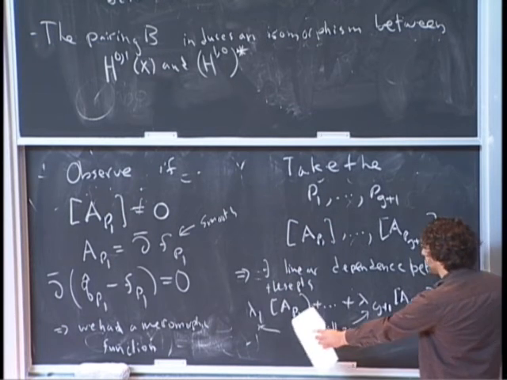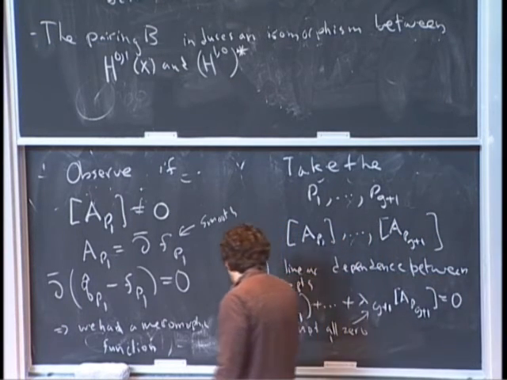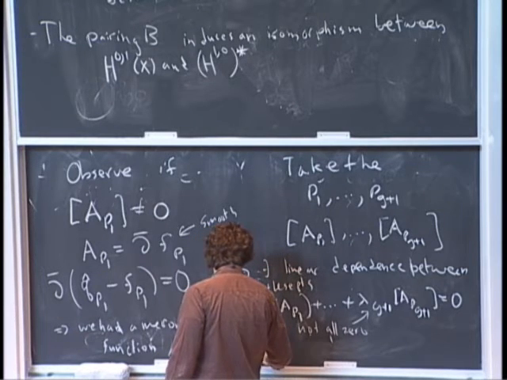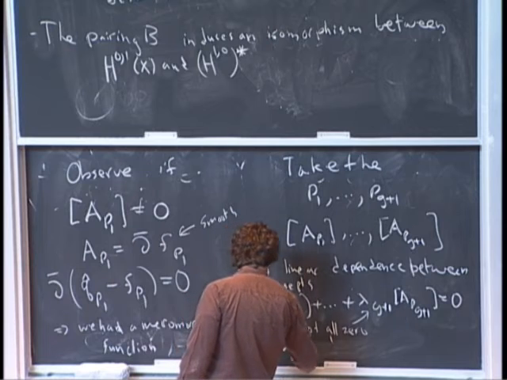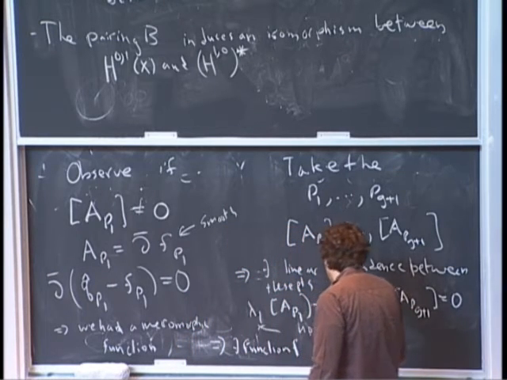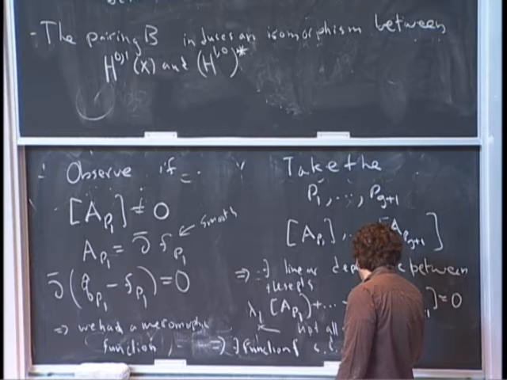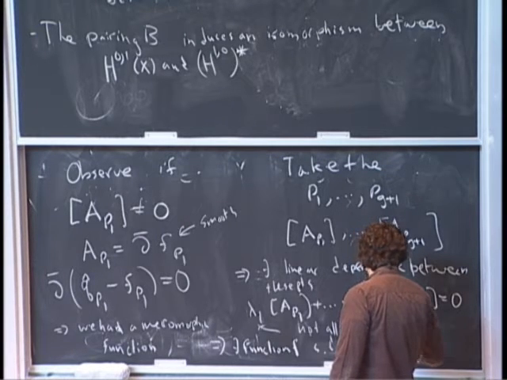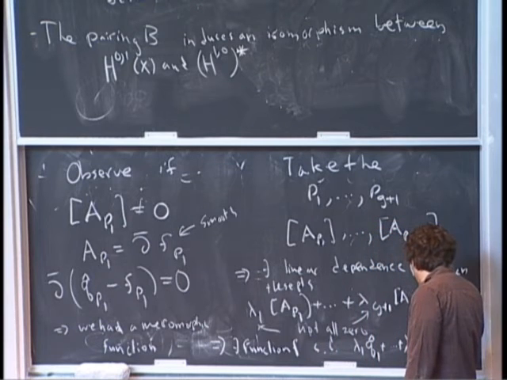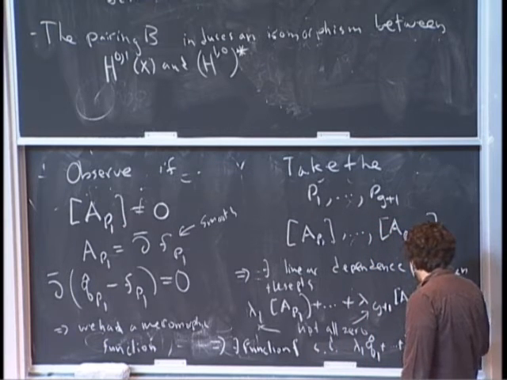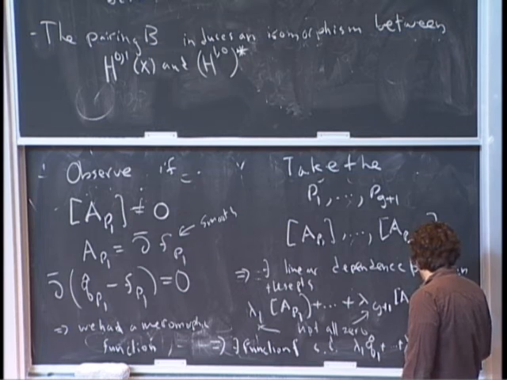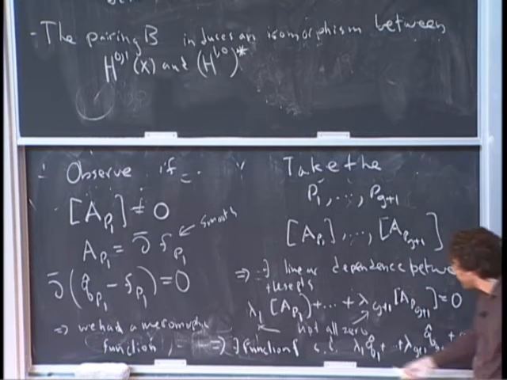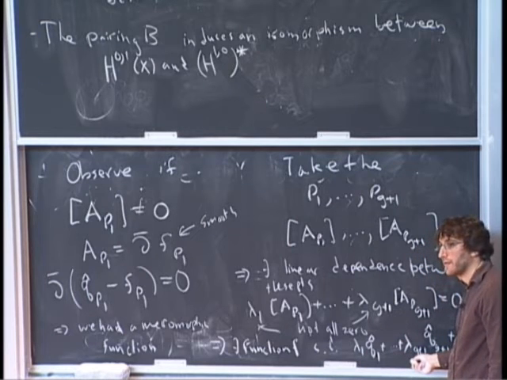But then this implies that there exists a function f such that lambda 1 q hat 1 plus ... plus lambda_{g+1} q hat_{g+1} plus f is meromorphic, and the poles are exactly the points where the lambda i's are not 0.